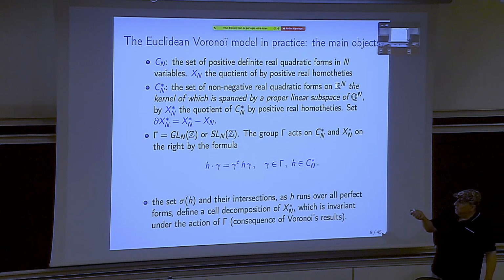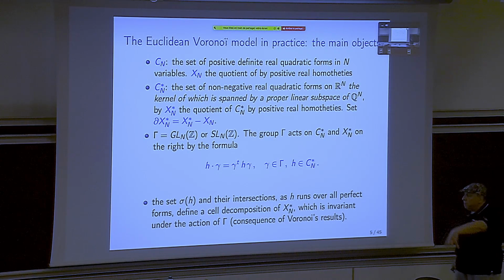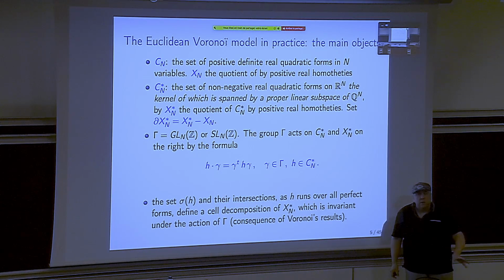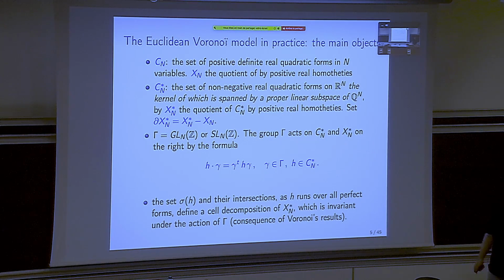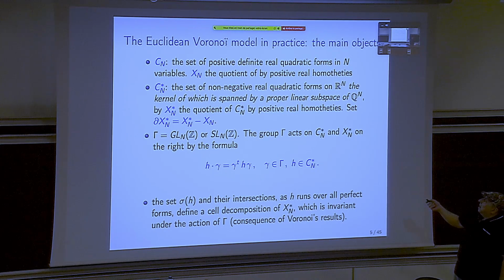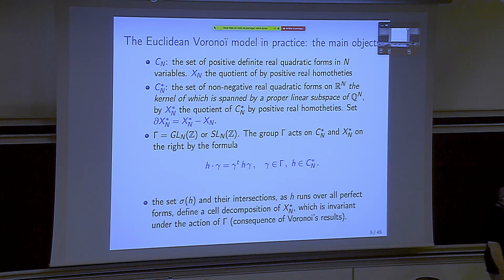So we are building this space by somehow adding cusps. Of course, not wild cusps, a little bit more reasonable. And again, we quotient it by real homotheties. It means that the boundary will be exactly the degenerate part, and we will have to deal with this boundary. So topologically, we will work modulo this boundary.